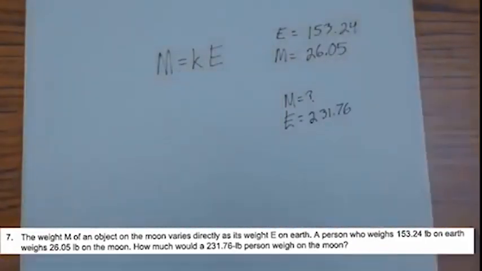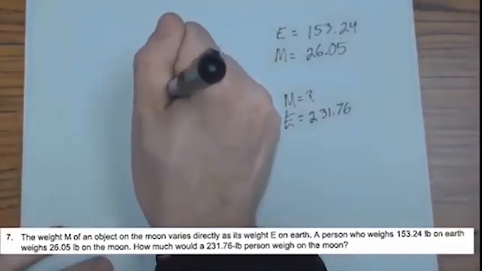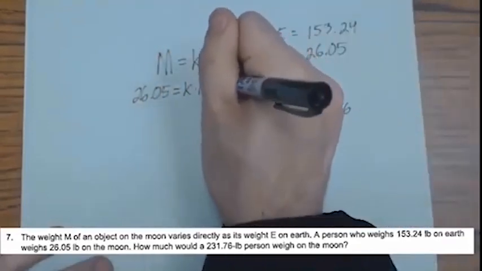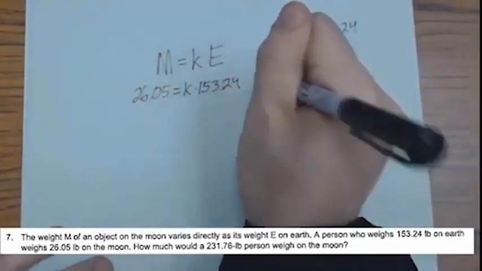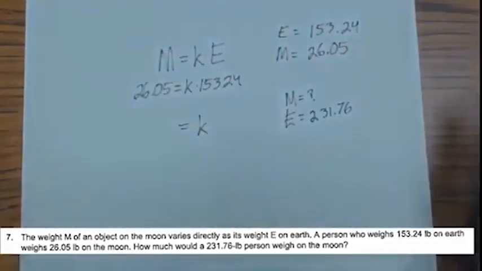And we do it just like we did before. Plug in what we have so we can solve for k. 26.05 equals k times 153.24. Divide both sides by 153.24.